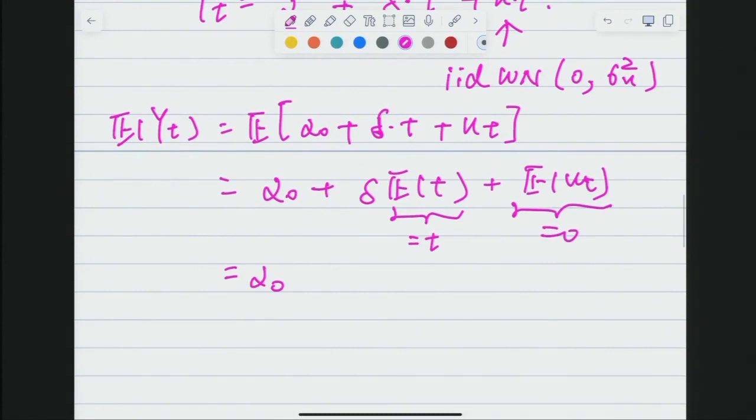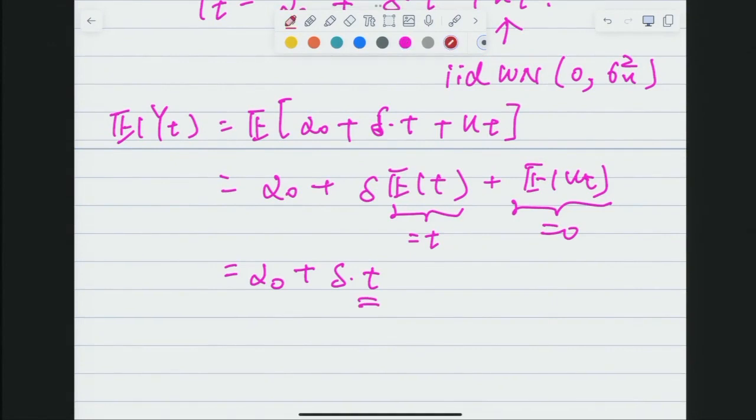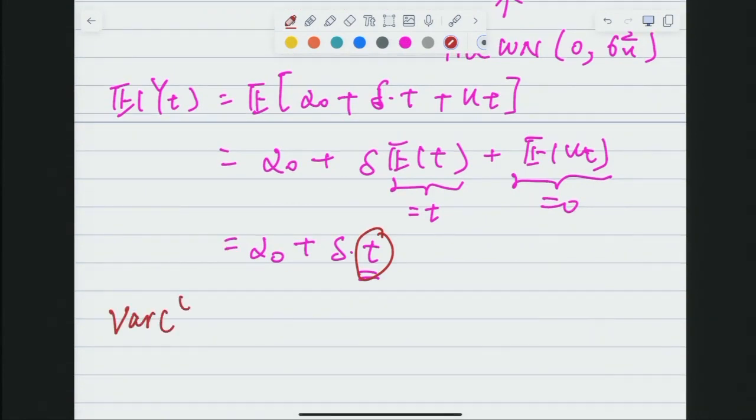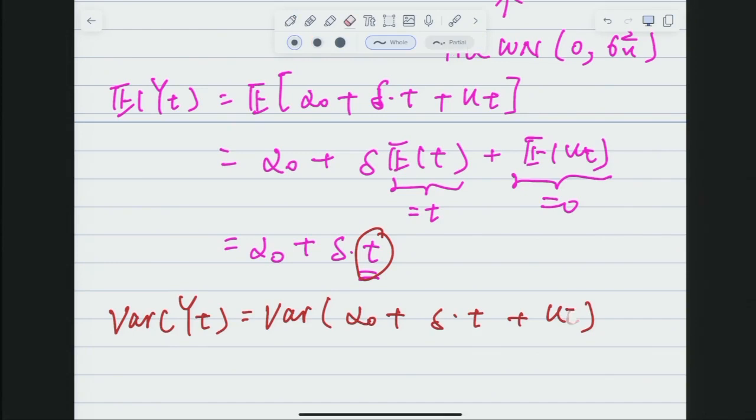So we can see that the mean of a deterministic trend-only model depends directly on the time index t. Okay, so the mean is changing over time. But if you look at the variance, which is the variance of alpha naught plus delta times t plus ut, by now you should know alpha naught is a constant, no variance.